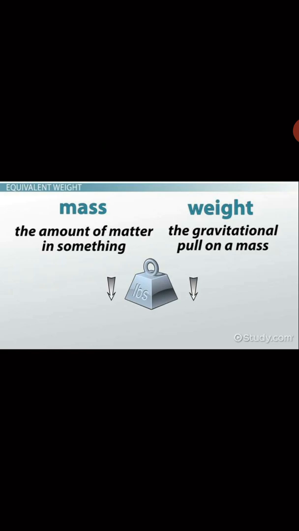If you take a mass of, let's say, 5 kg and keep it on the ground, the force of gravity which is pulling that mass is nothing but the weight of the object. So mass is the amount of matter in an object, while weight is the gravitational force acting on that particular mass of the object.